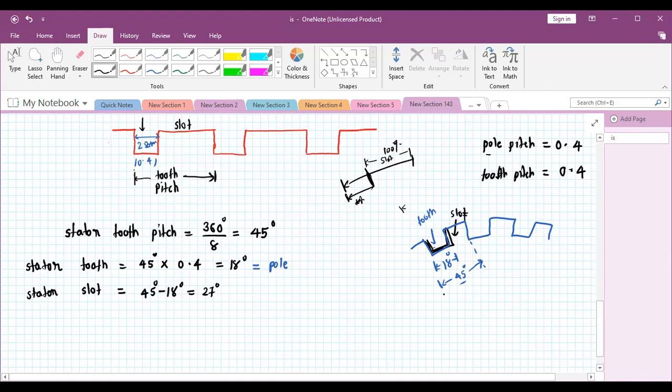Are you getting? So your slot is spread up to how many degrees? 27. So 18 plus 27, total is 45. So the stator slot is spread for 27 degrees.